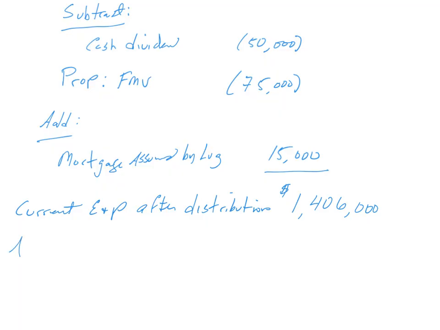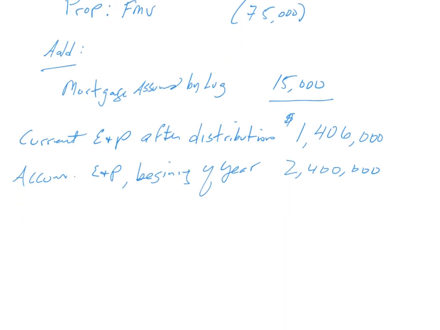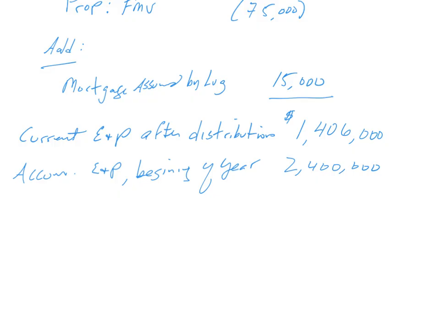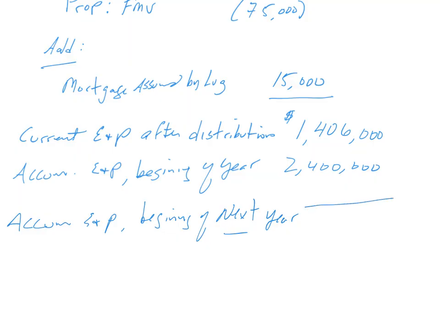So accumulated earnings and profits, beginning of year, and then that gets us to accumulated earnings and profits at the beginning of next year. Add those up and we get 3,806,000.